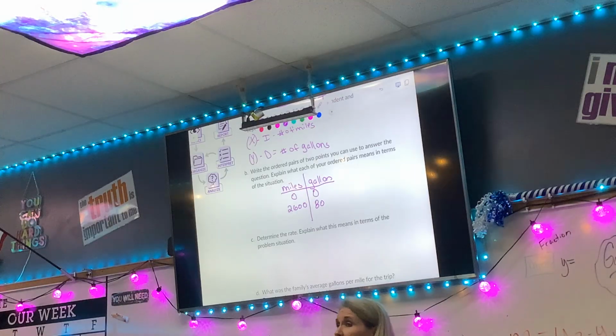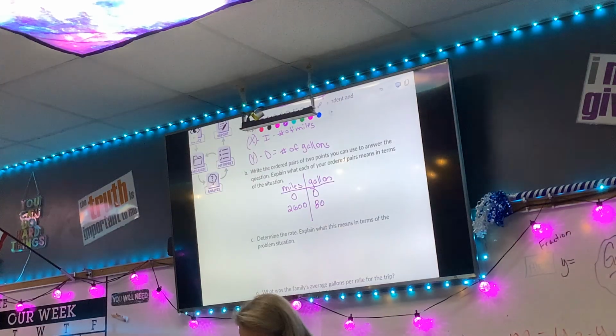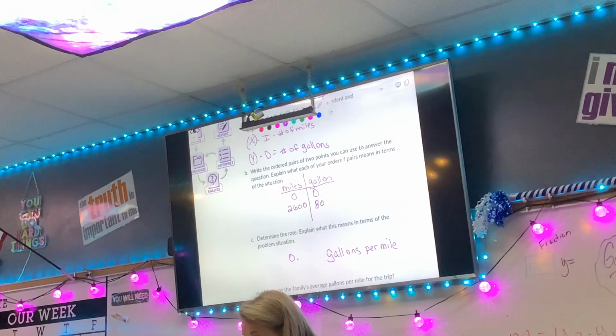Are we going to leave it as a fraction when we get our answer? No, because it doesn't make sense. So how many gallons per mile? 0.03. Okay, remember, if you're doing this, 80 goes on top.